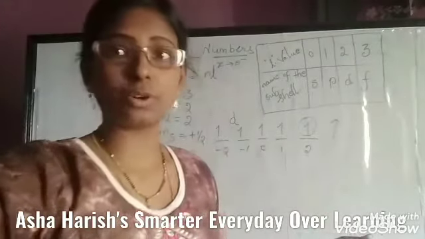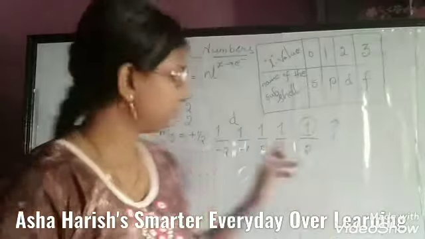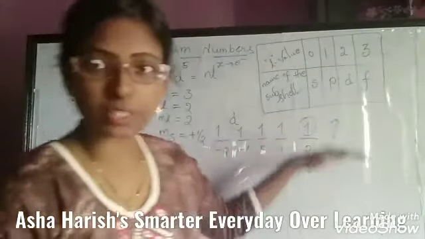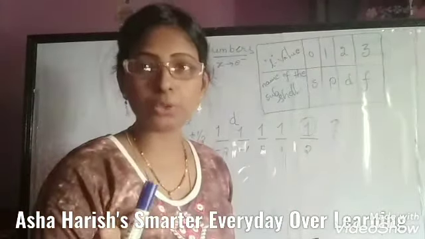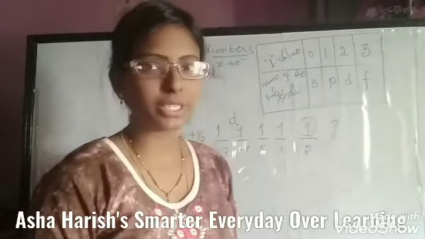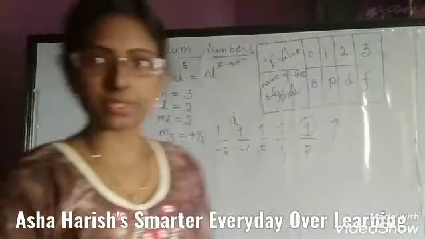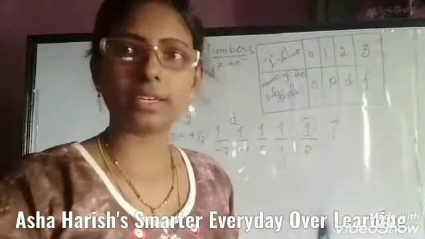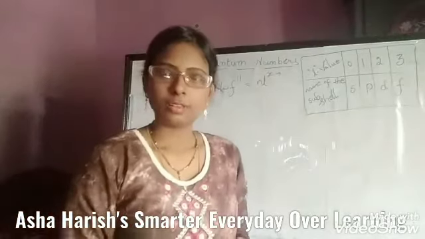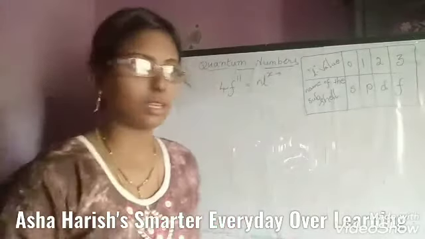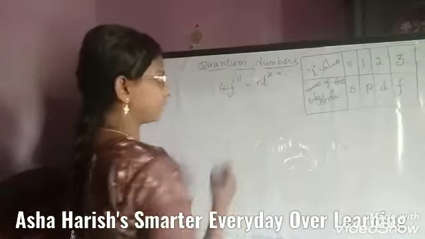If the last electron has the downward direction, you take that value as minus half. Okay students, let us take another example for calculating all these quantum numbers. The next example I have taken here is 4f11.